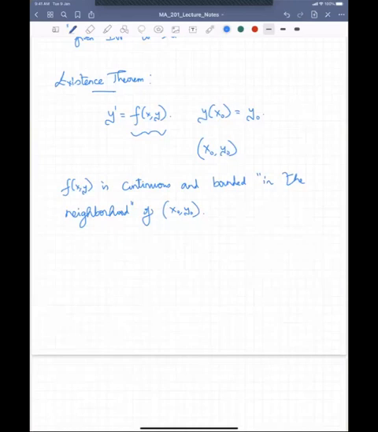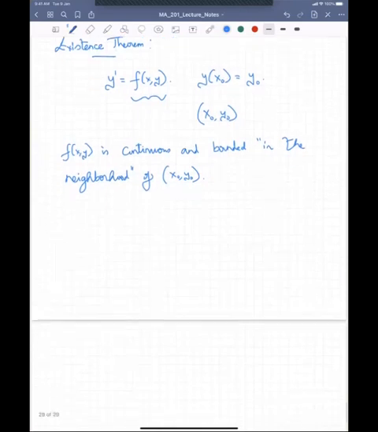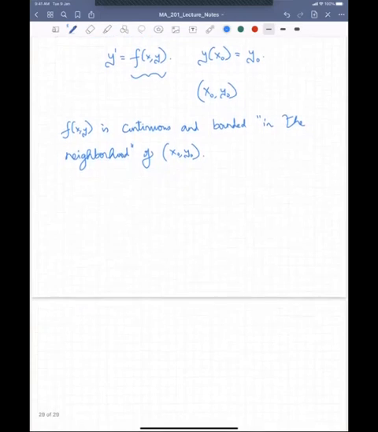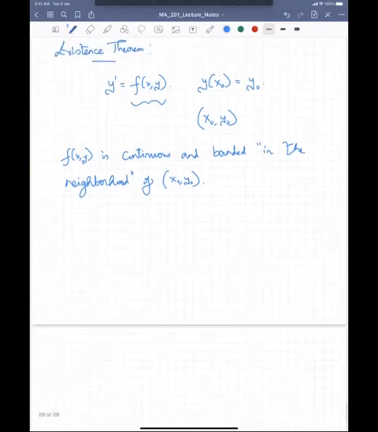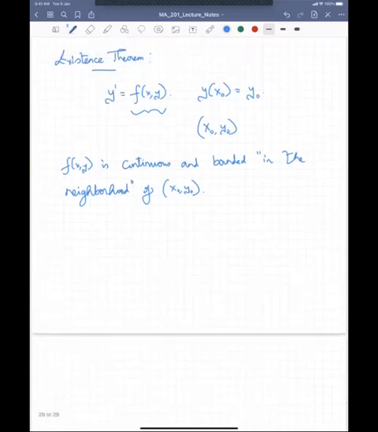I should define what I mean by neighborhood. That's why I've put this under quotation marks. But if this condition is satisfied, this is all you have to check. Given an initial value problem, if somebody asks you if a solution exists, simply check if f of x, y is continuous and bounded. What is continuous?